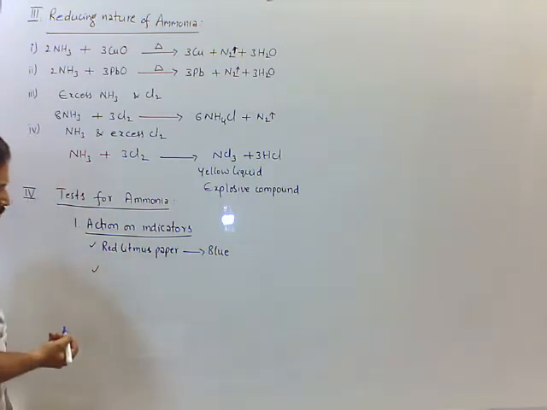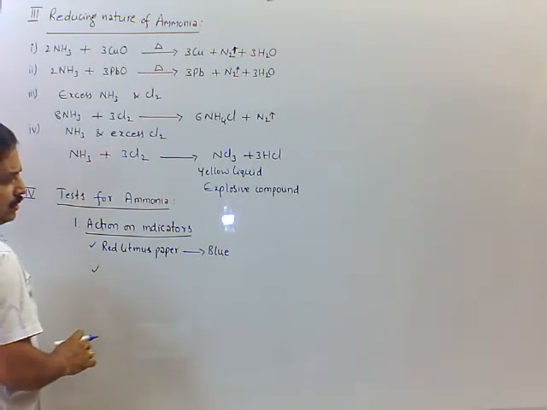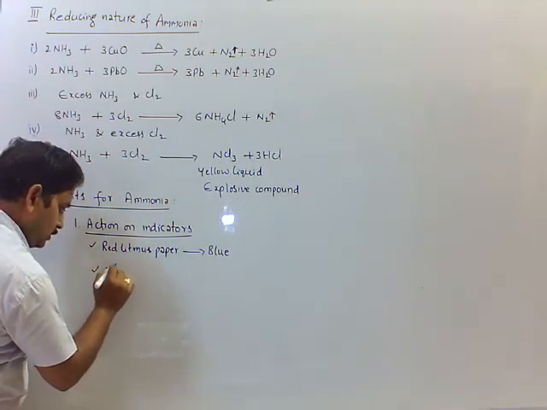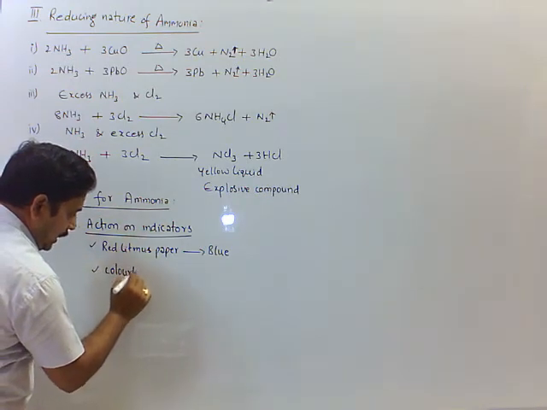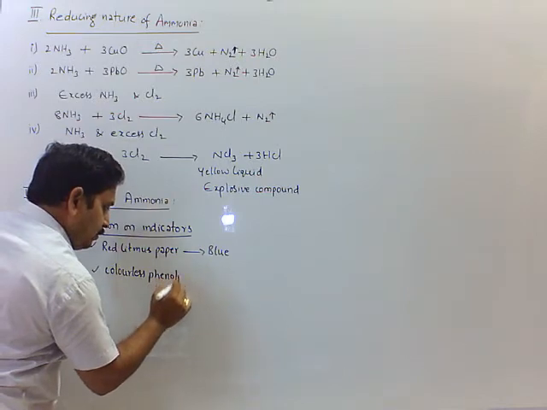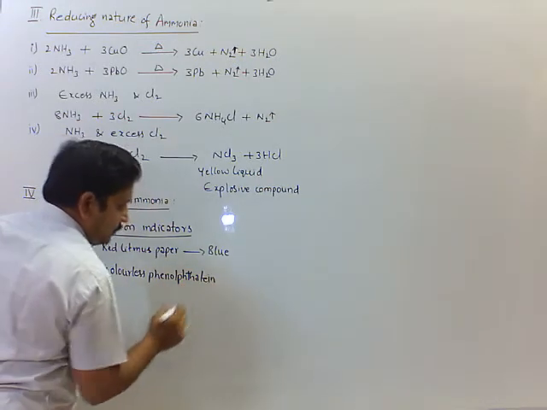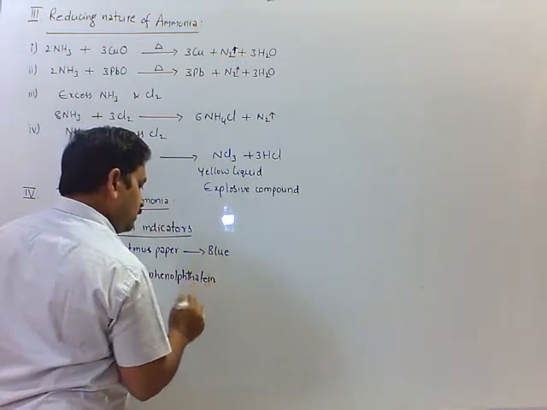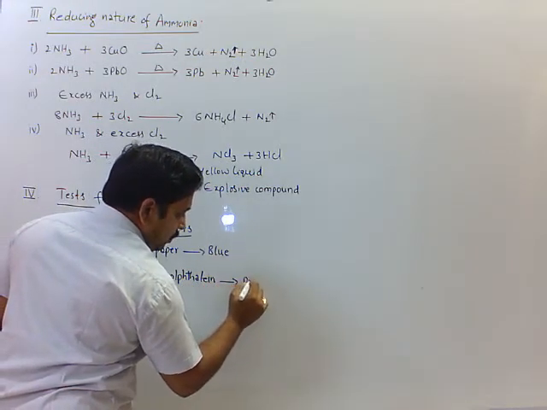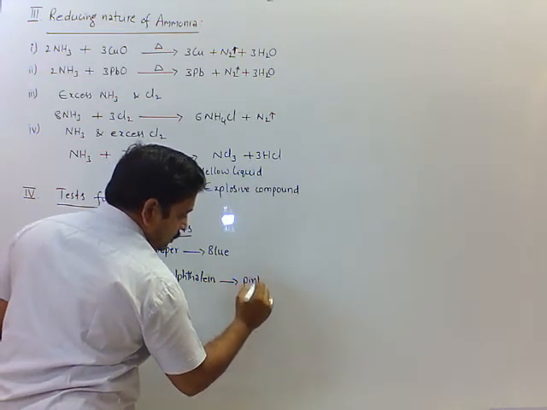Second one is colorless phenolphthalein converts into pink color when we are sending ammonia gas through it.